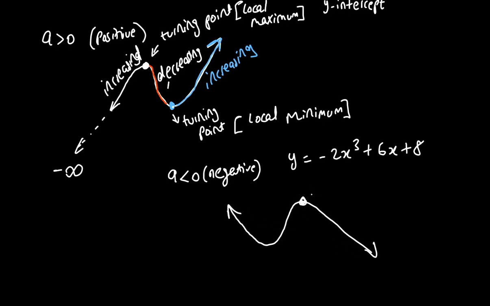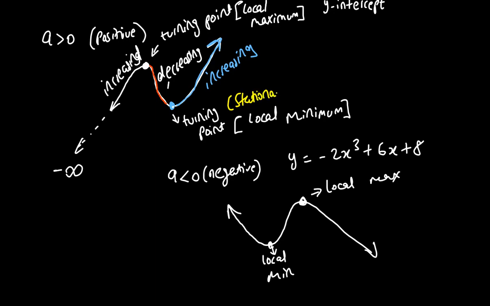So remember, this is your local maximum, right? It's a local maximum. What about this one? It's your local minimum. And remember, these 2 points are called your turning points. Another name for turning point that we would be using often is stationary points.